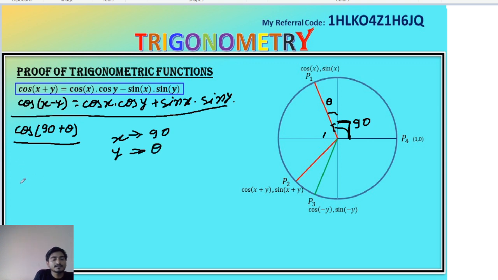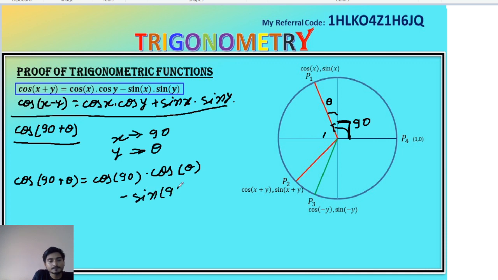Okay, so in this case cos of 90 plus theta is equal to cos 90 into cos theta minus sin 90 into sin theta. As all of you know, cos 90 is how much? It is 0.